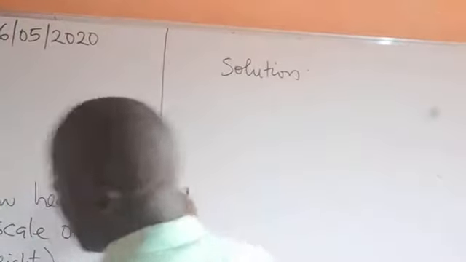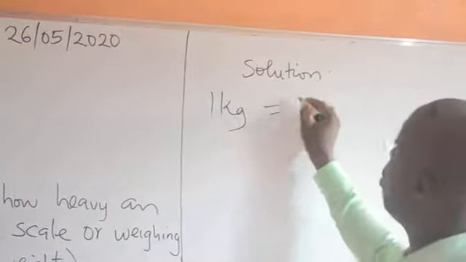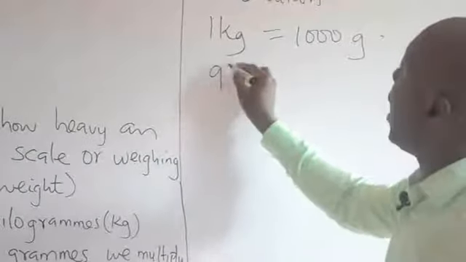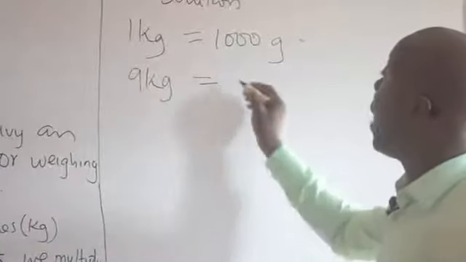Let's recall that 1 kilogram is equivalent to 1,000 grams. That is, 9 kilogram will be equivalent to what? If we are converting kilogram to gram, we multiply by 1,000.